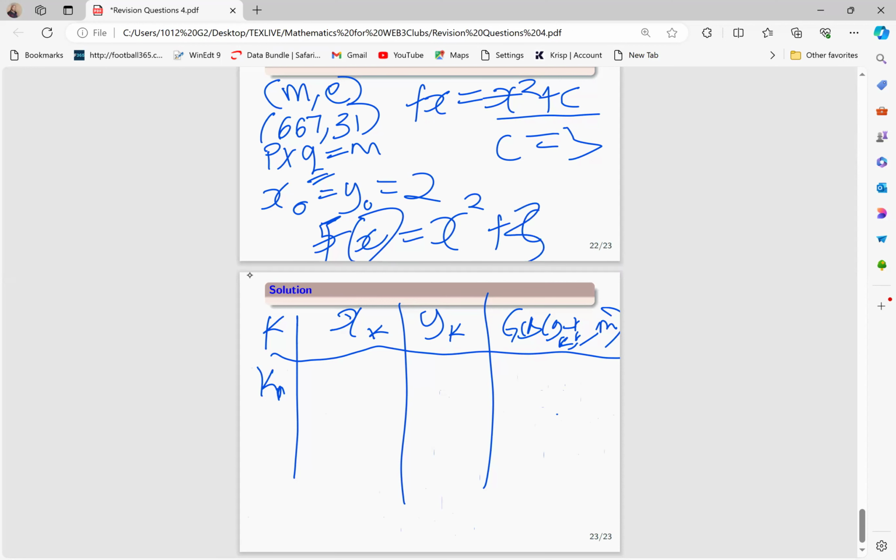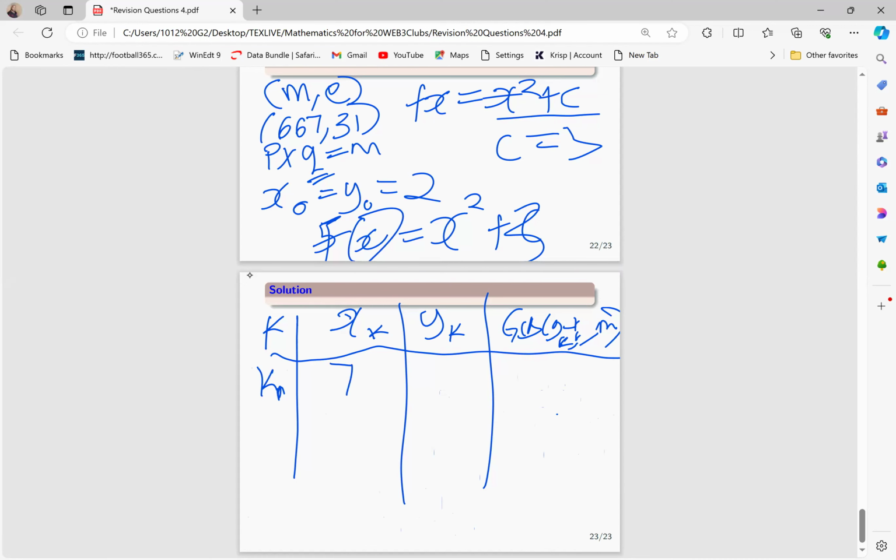For the first K, you use x0 for the first value of x. Then for the second one, you use x1. Then for the third one, x2, like that. So we know that x0 is 2. So when you substitute 2 into this formula, 2 squared plus 3 gives us 7.